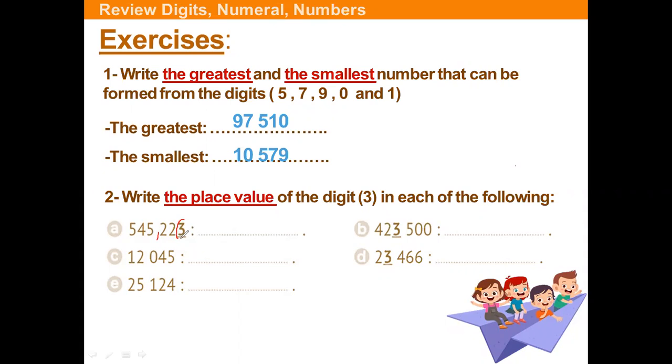So 3 here is a what? It's ones. What about here? Number B, after 3 digits, so 423,500. So 3 here is what? This is the ones, tens, hundreds, this is the thousands. So we have thousands.